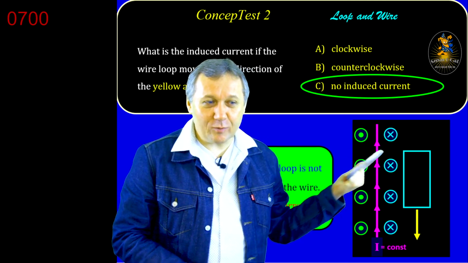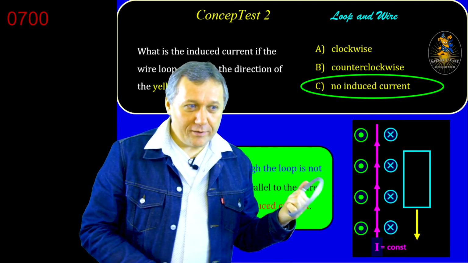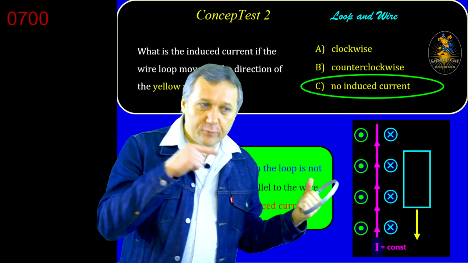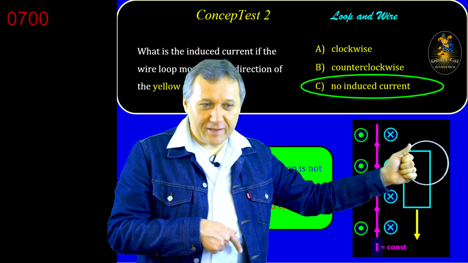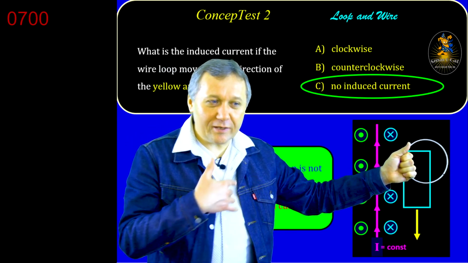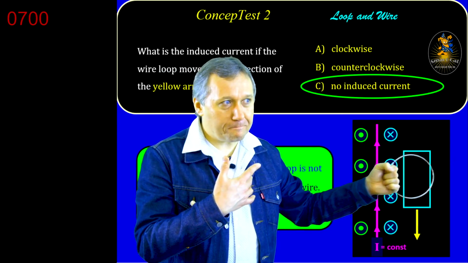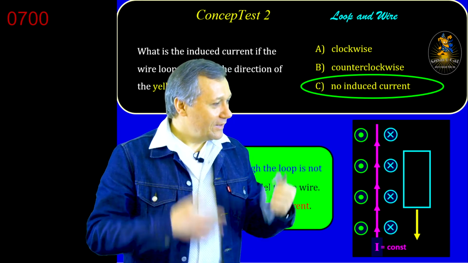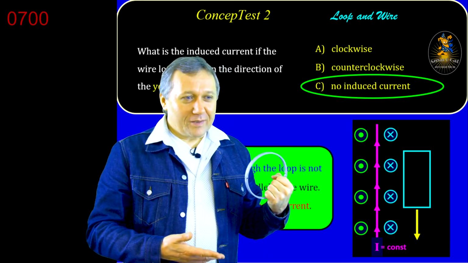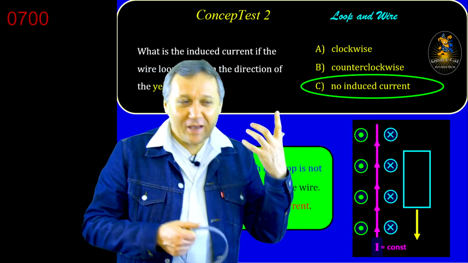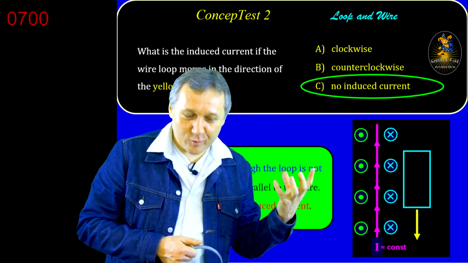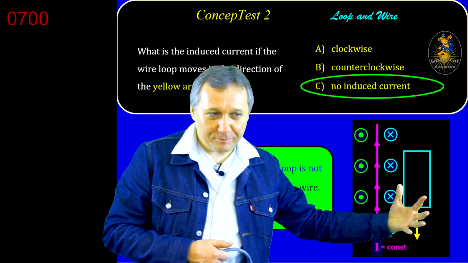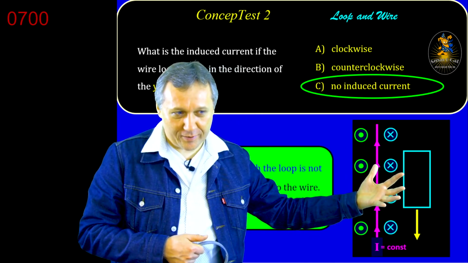So basically, in this situation I am a current generator, very expensive, and I am converting mechanical energy into electrical energy. When we had a battery, we converted what? We converted the energy of chemical reactions into the electrical form of energy, right?